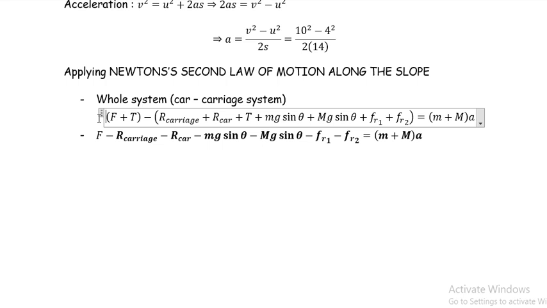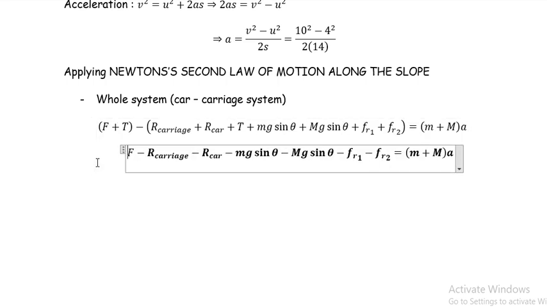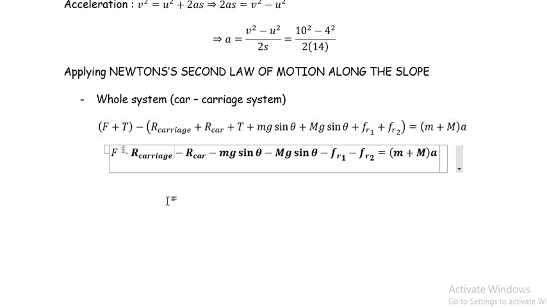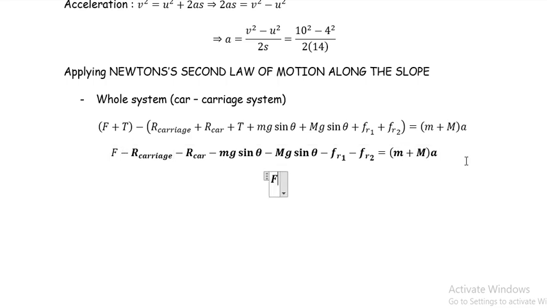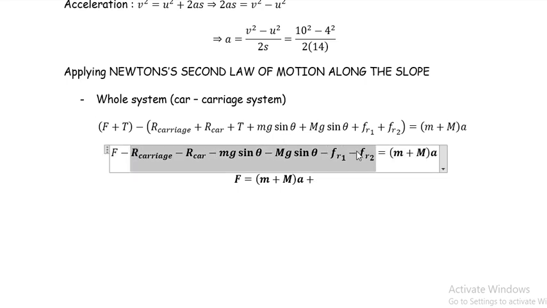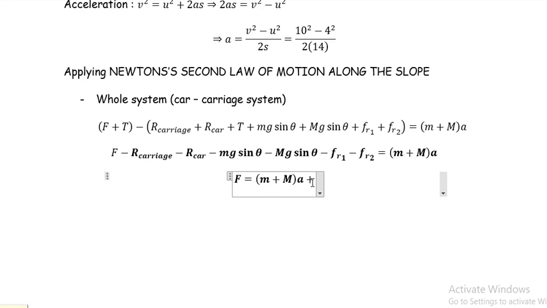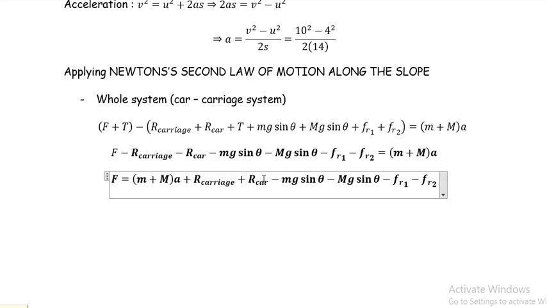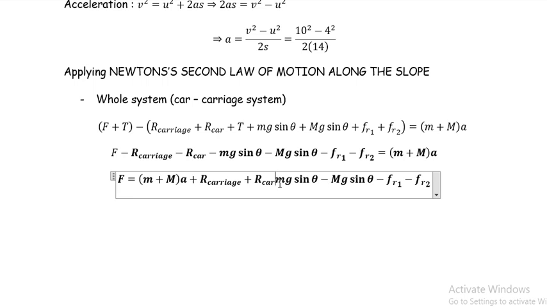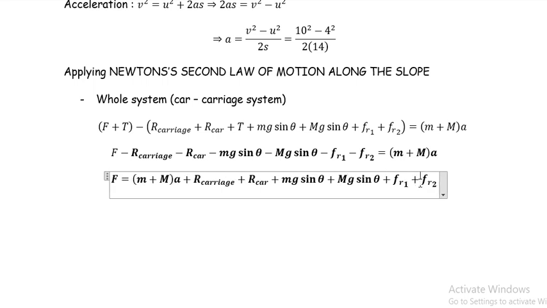From there, the attractive force, capital F, let's just find it. Capital F will just be equal to small m plus M times A, then plus everything here, because we have to add these on both sides of the equation. So all these minus signs become plus. This is plus, this is plus, frictional force 1 is plus, and this is also plus.